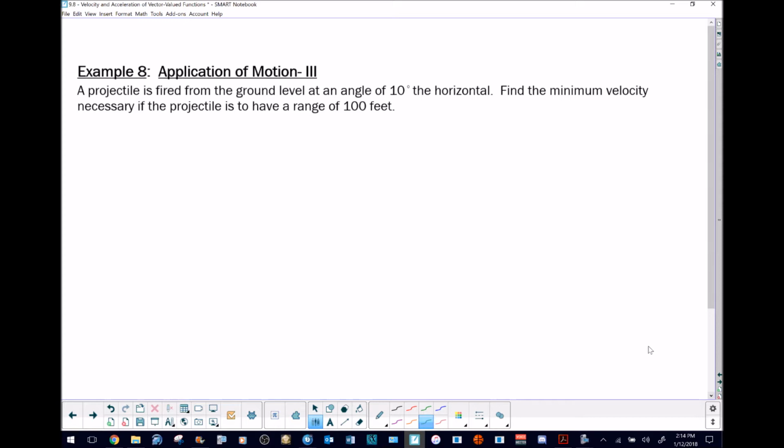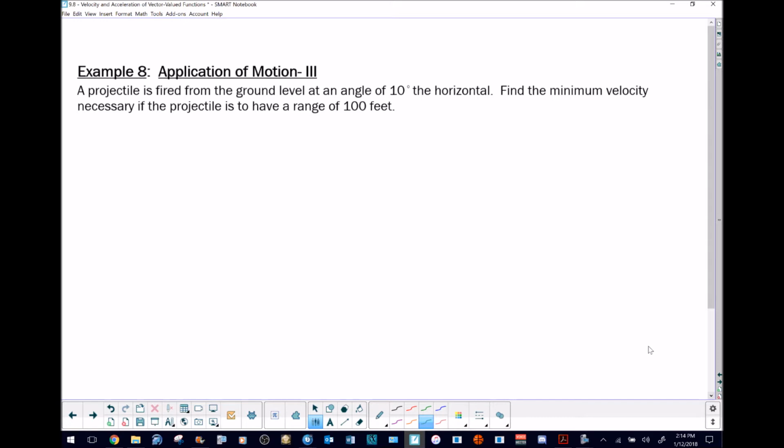We're sort of at the tail end of the unit at my school dealing with vectors and vector valued functions. And we're talking about some application problems that students who take advanced placement physics, the calculus-based AP physics, might end up having some kind of exposure to problems like this.